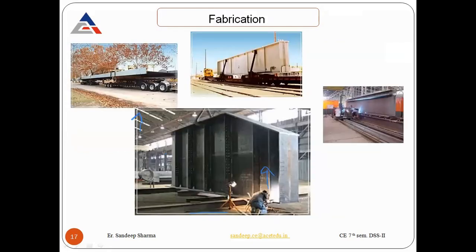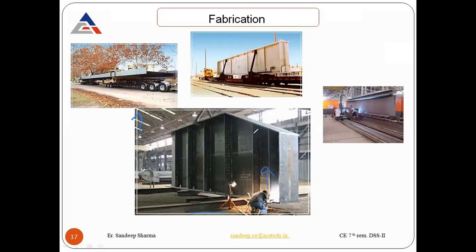So we can also do the fabrication work. First, after the design, you find out the size of the whole section. We are not just taking any size of the components, the flange section as well as the web section.